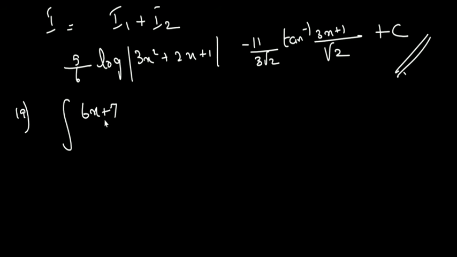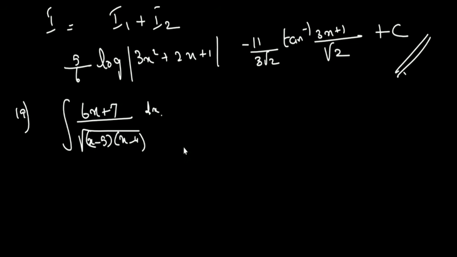Next, the integral of 6x plus 7 by root of x minus 5 into x minus 4 dx. A linear polynomial in the numerator, and within the root you have a quadratic polynomial.